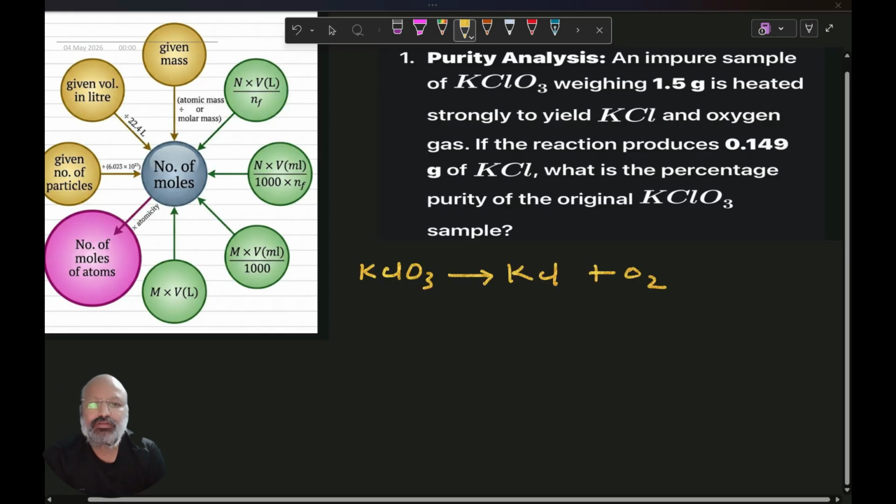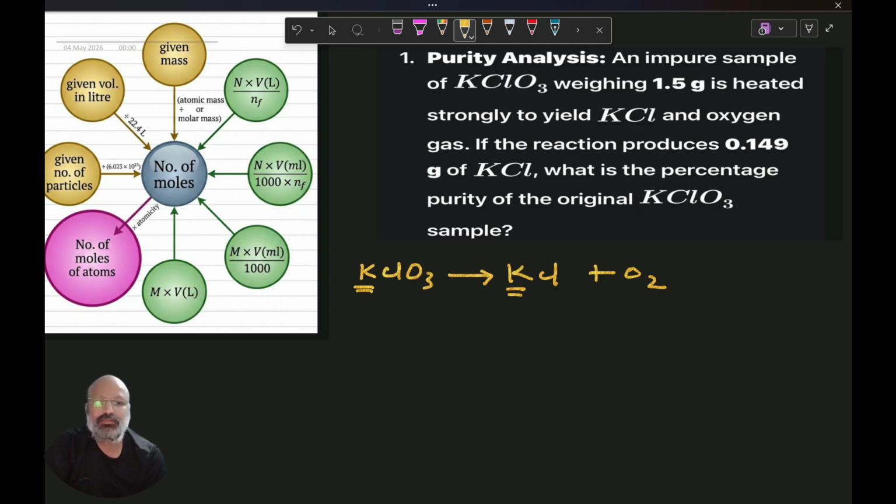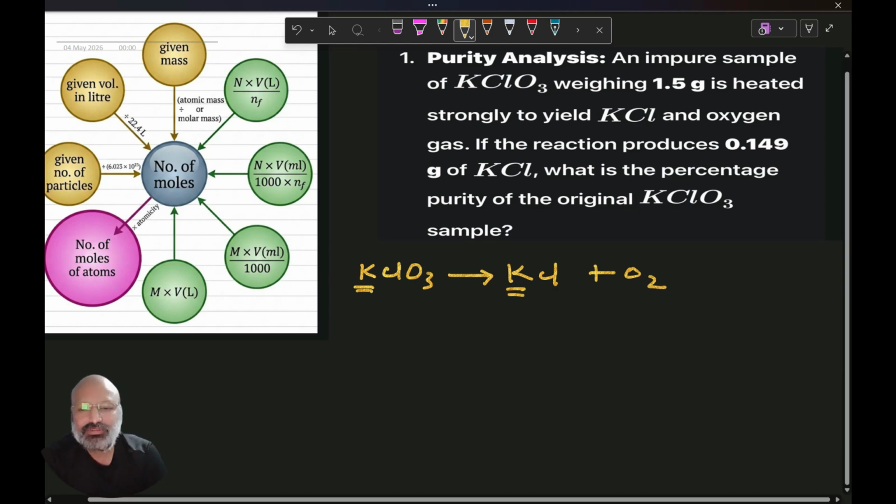Now, after writing down the equation, what you need to understand is that the total number of atoms of potassium present on the left hand side must be equal to the number of potassium atoms on the right hand side. So I am just applying the principle of atom conservation.